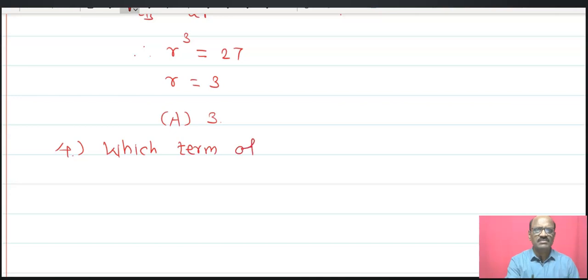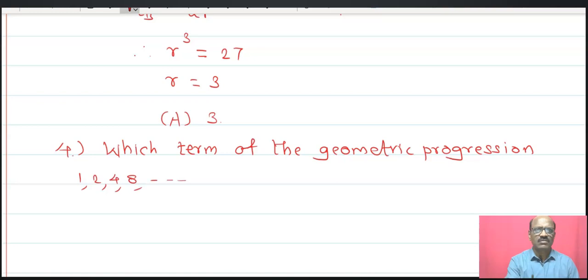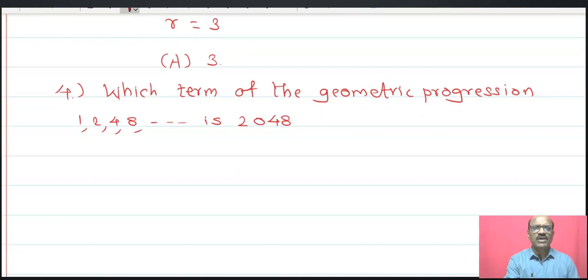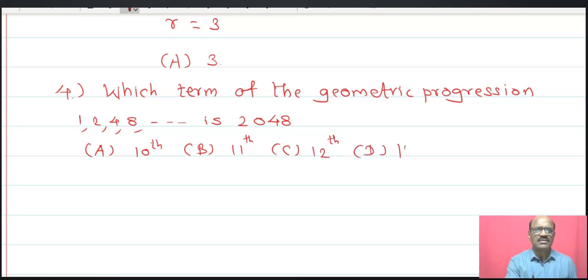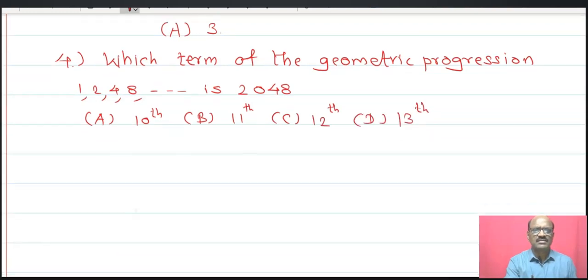Which term of the given geometric progression 1, 2, 4, 8 is 2048? The options are 10th, 11th, 12th and 13th.